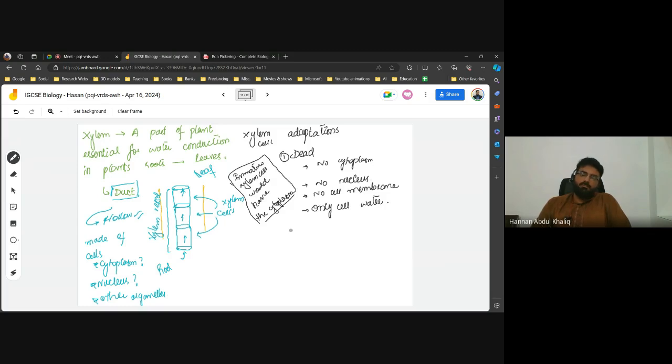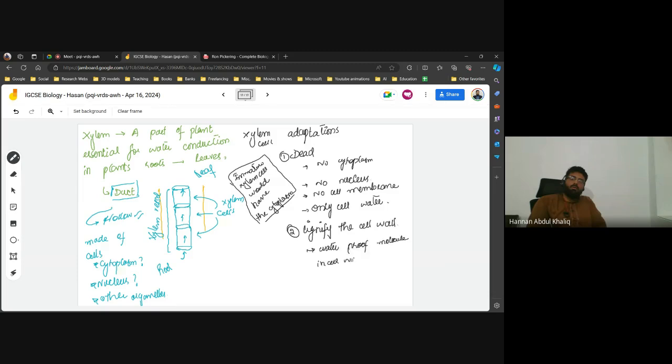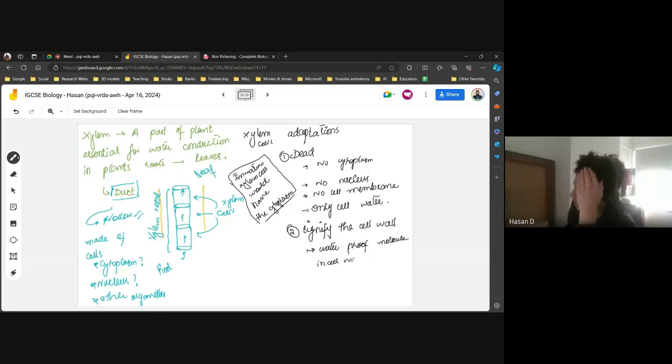But now what do we do? We lignify the cell wall. What does it mean? What is the normal material with which the cell wall is made? Cellulose.